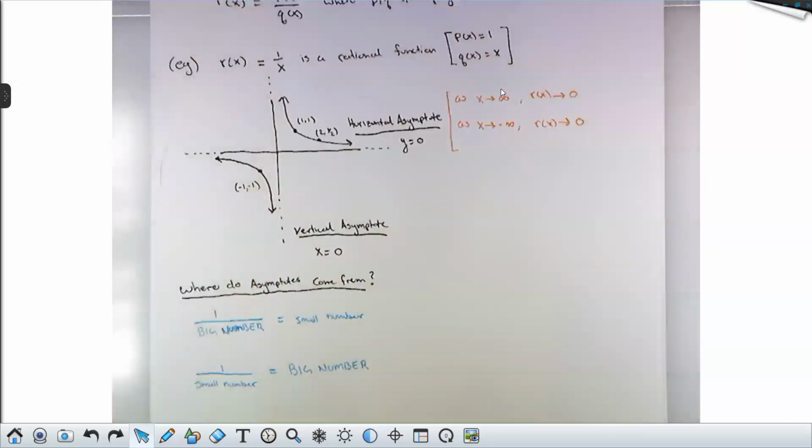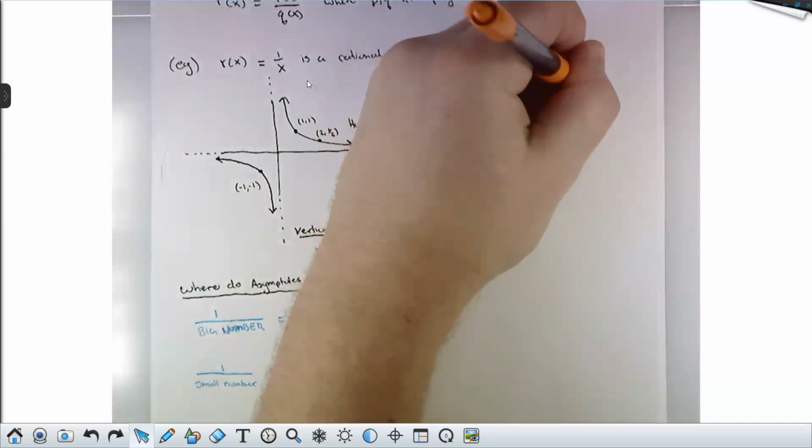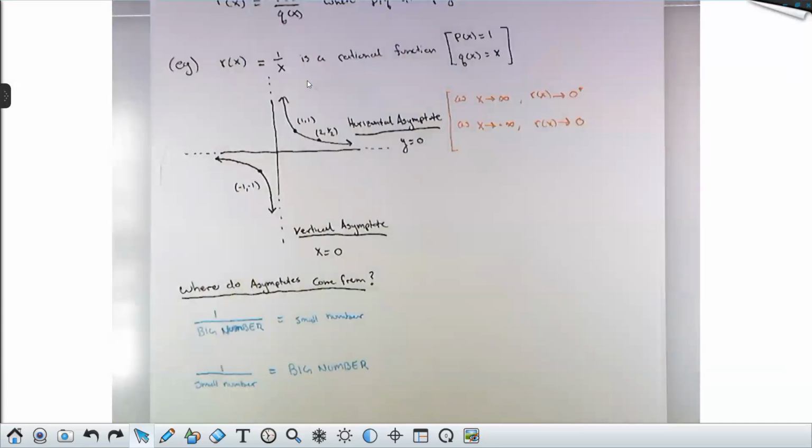And there's a way to indicate the positivity or negativity. So 1 over a very big positive number, if you send x to positive infinity here, dividing 1 by like positive 1 million is going to give you something very, very close to 0, but also positive. And we indicate that by putting a little plus here. On the other hand, as x goes to negative infinity, as we're running far off to the left here, we're putting huge negative numbers in here.